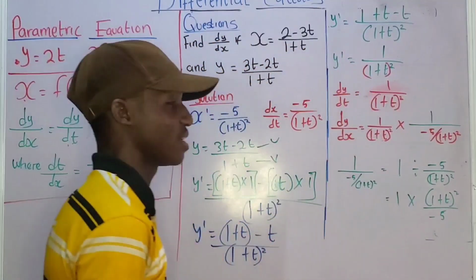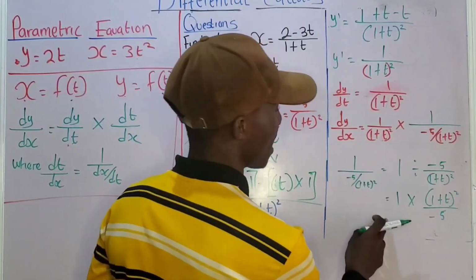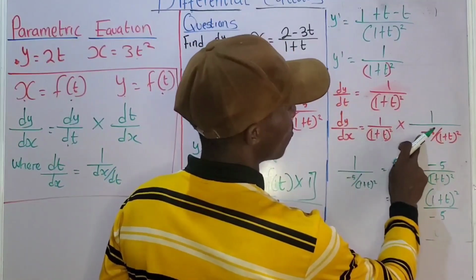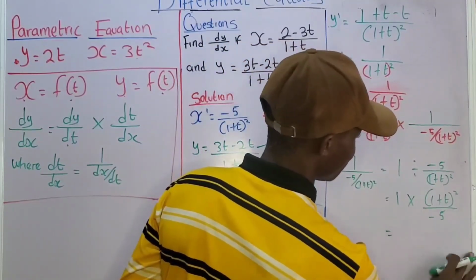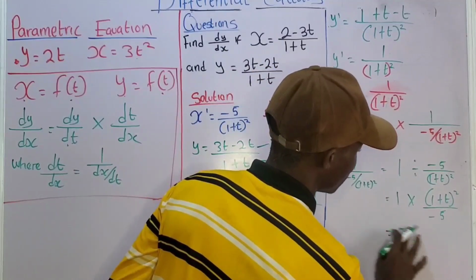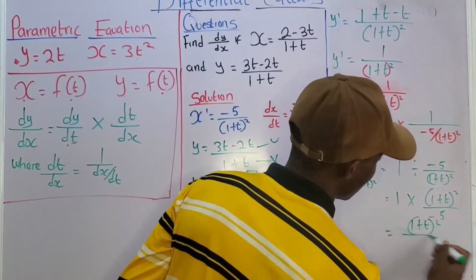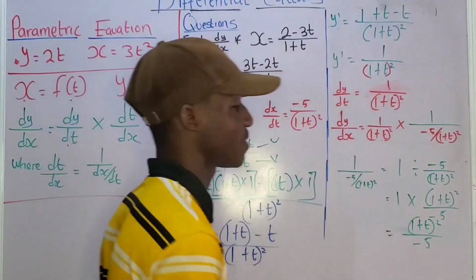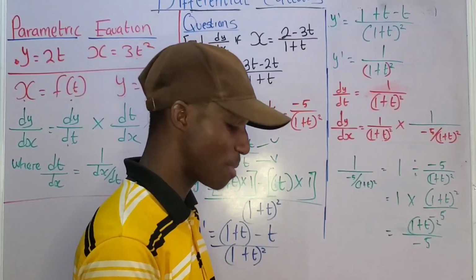The reason why I show you this is because I want you to understand, so that by the time I replace it, please pay attention, that means we're going to have 1 plus t squared all over minus 5. That is the final, when I simplify this.